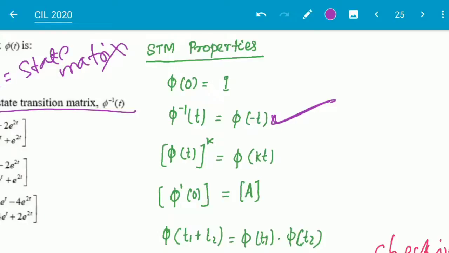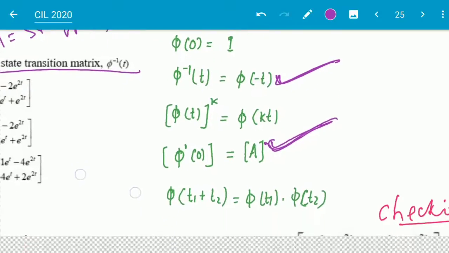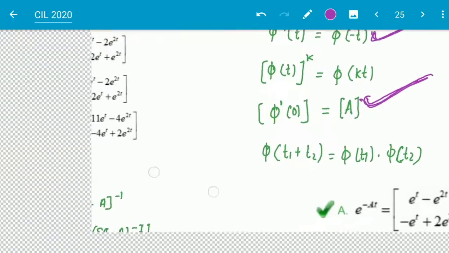If we raise to the power k, then it will be multiplied to the t inside the matrix, and if we differentiate the whole term and put 0 in place of t, then it will give the state matrix A. These are the properties of state transition matrix.